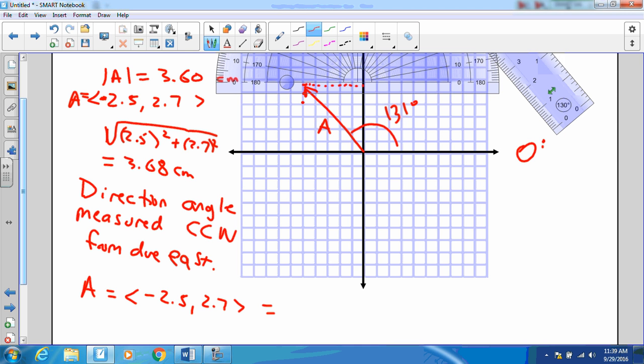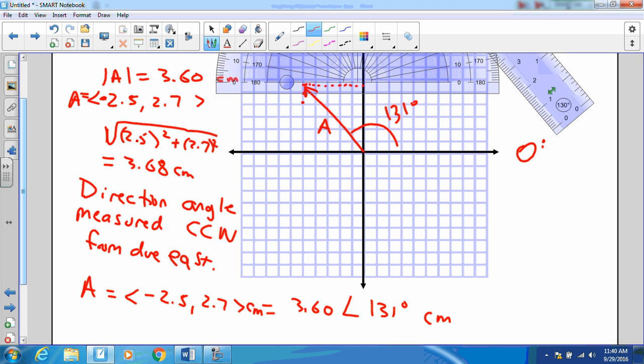We put the magnitude first, 3.60. You measure it. That's data. And I'm going to use an angle sign to indicate its direction, which is 131 degrees. And I'll put the units after the vector in both cases.